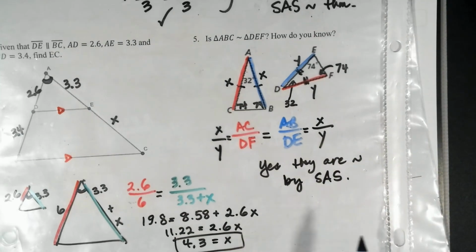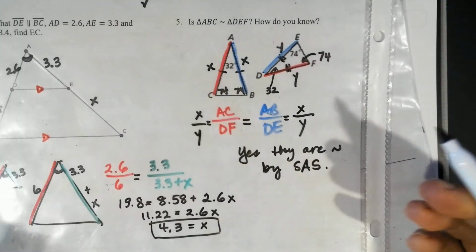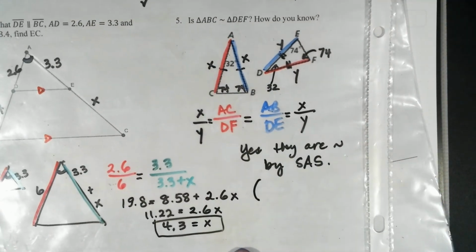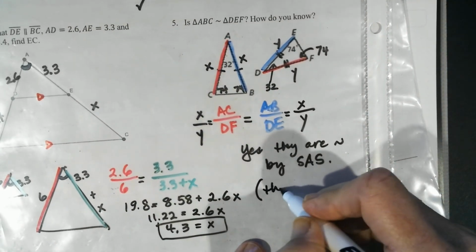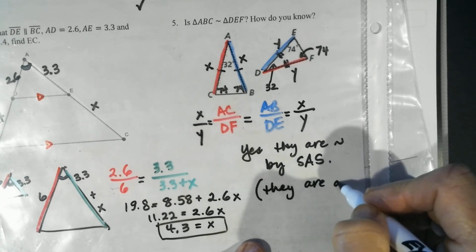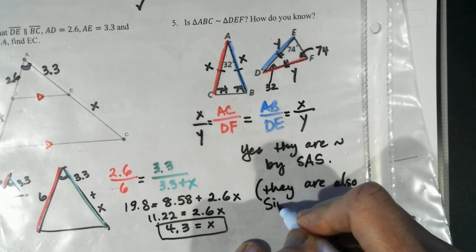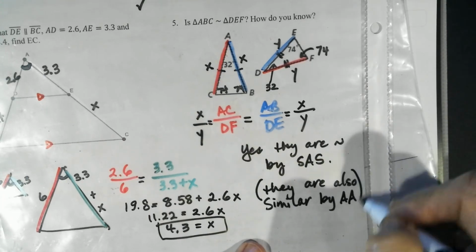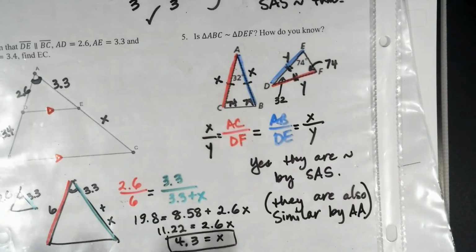However, because you have the same angles, technically, you could also say, as an aside, they are also similar by AA because we already figured out the angles. So again, this wouldn't be something on your quiz unless it would be check all that apply.